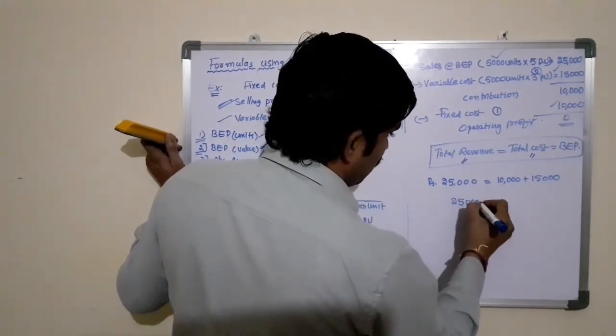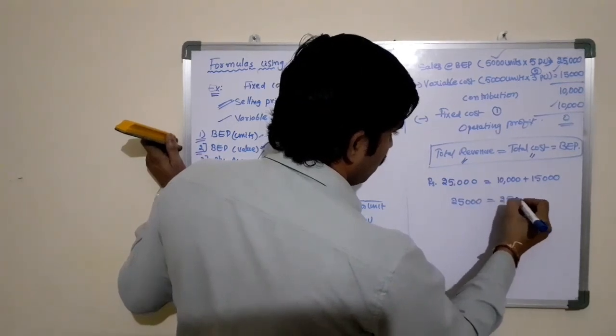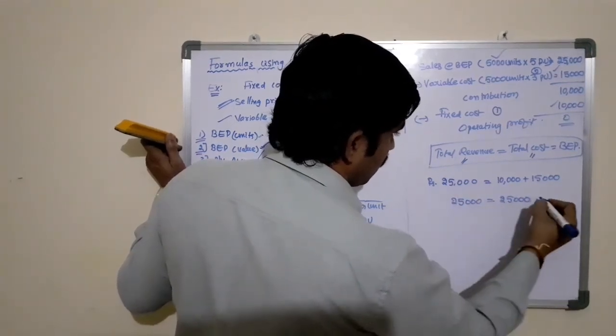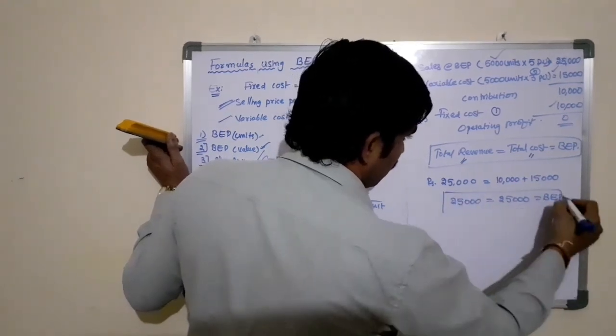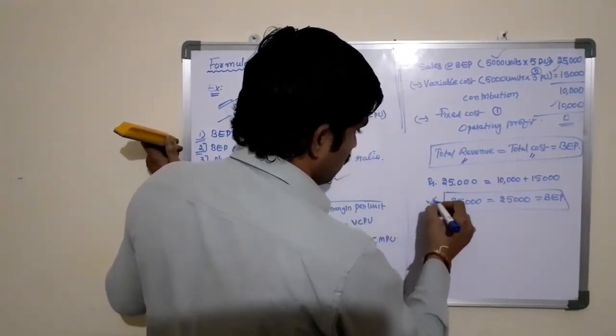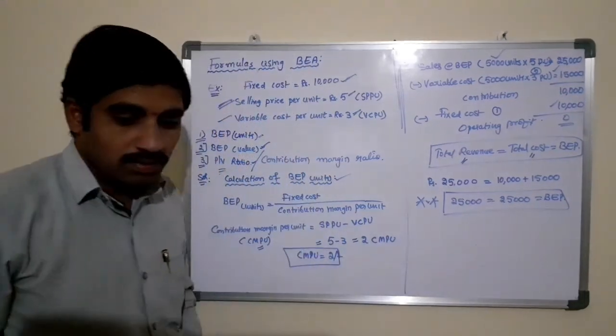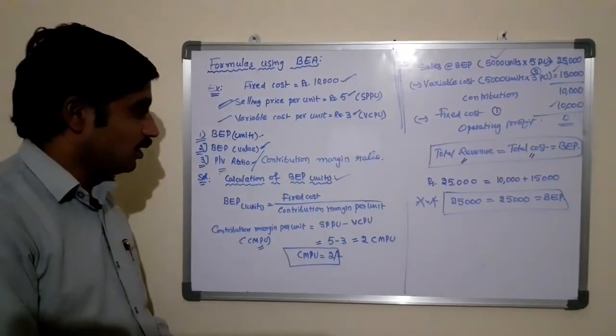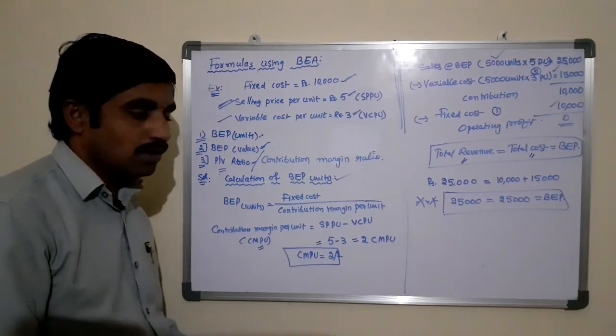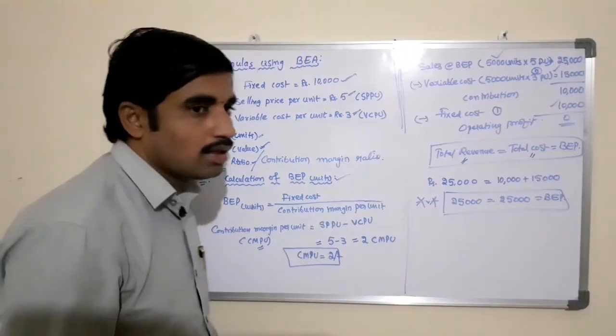So 25,000 rupees sales equals 25,000 rupees total cost, that is the break-even point: no profit, no loss. So this is the process of calculating the break-even point in terms of units, in terms of value, and also the contribution margin ratio and other formulas.